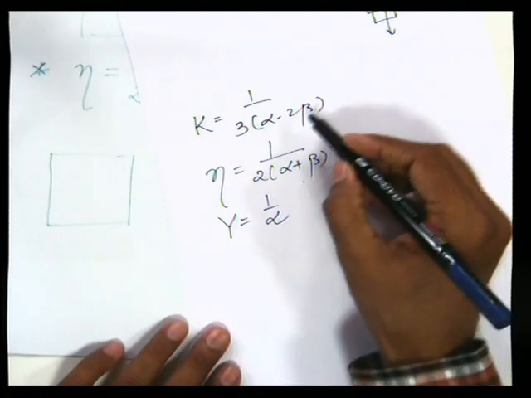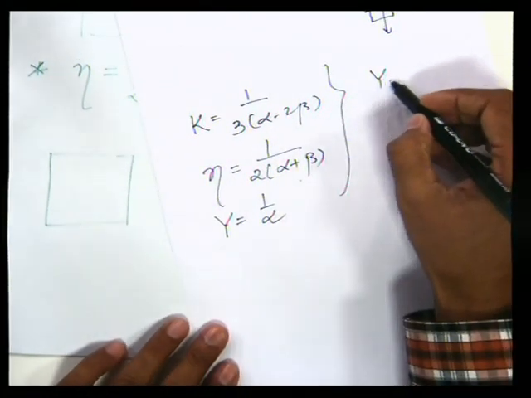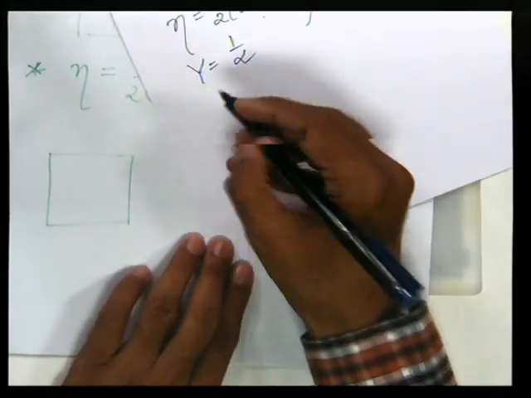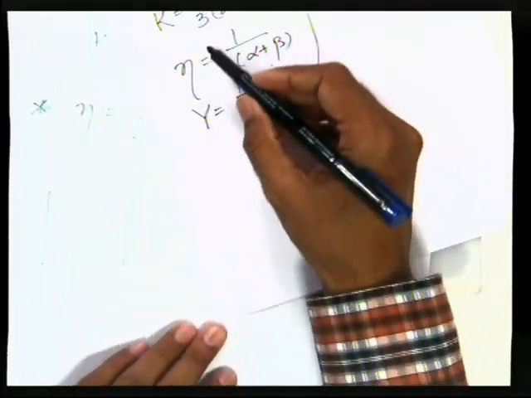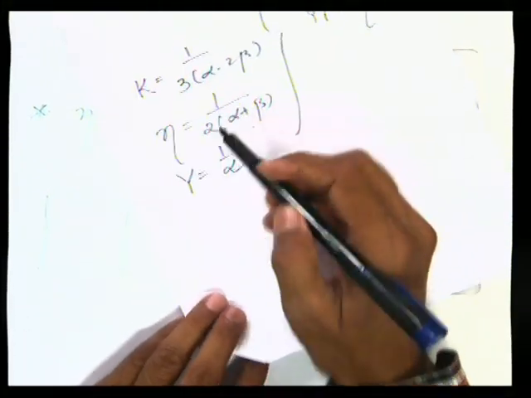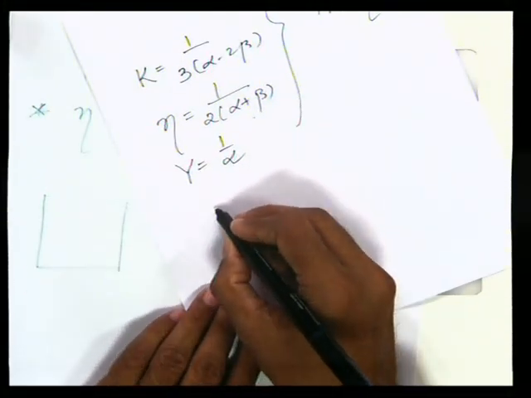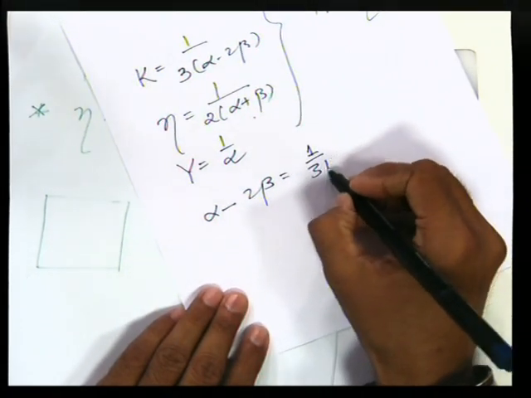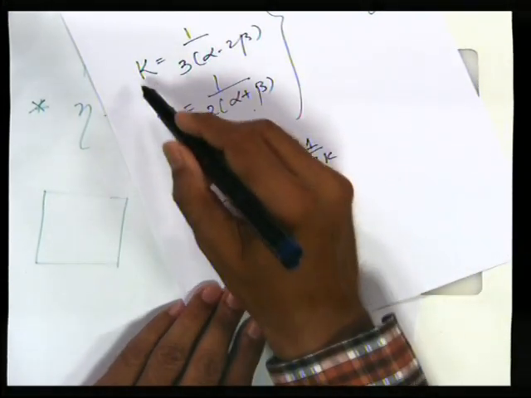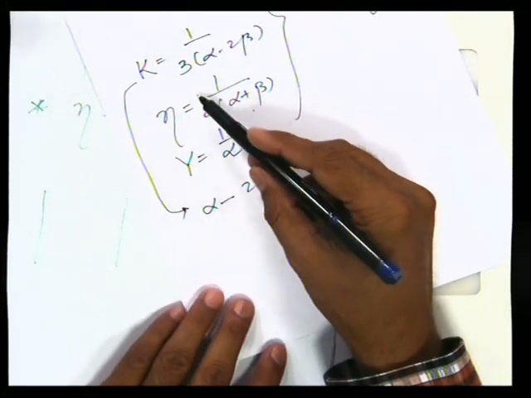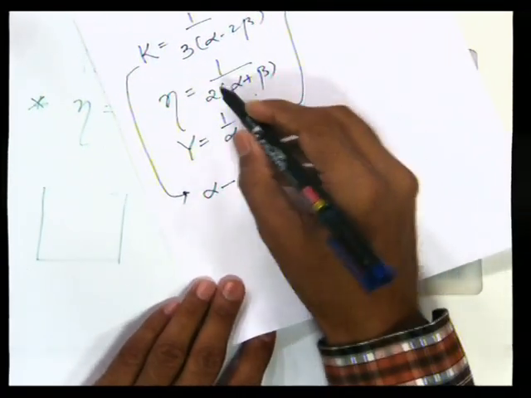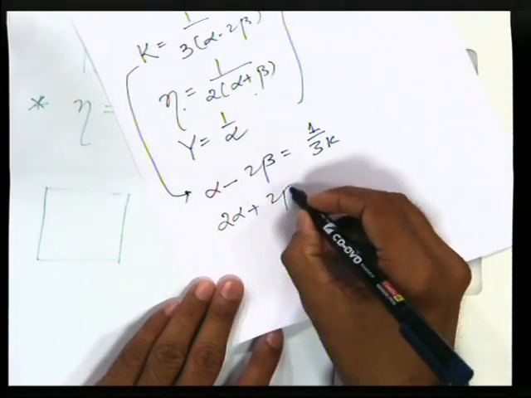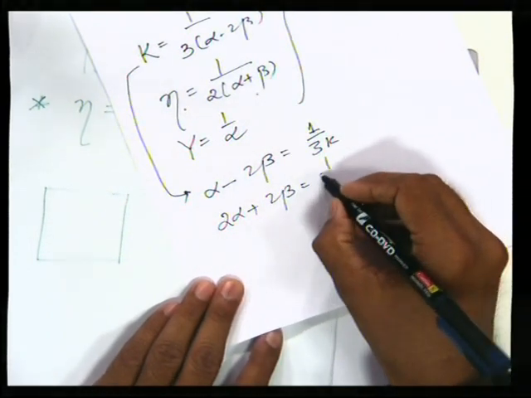Now using these we can find the relation between Y, k and eta. From the first relation we can write alpha minus 2 beta equal to 1 upon 3k, from bulk modulus. Similarly from the second relation, 2 alpha plus 2 beta is equal to 1 upon 2 eta.